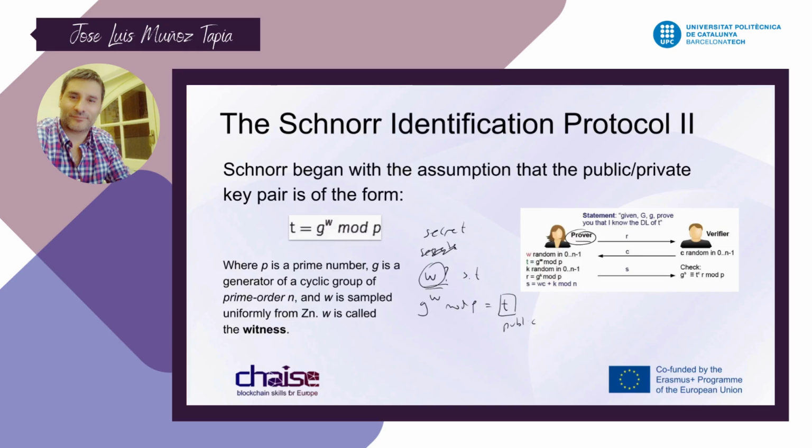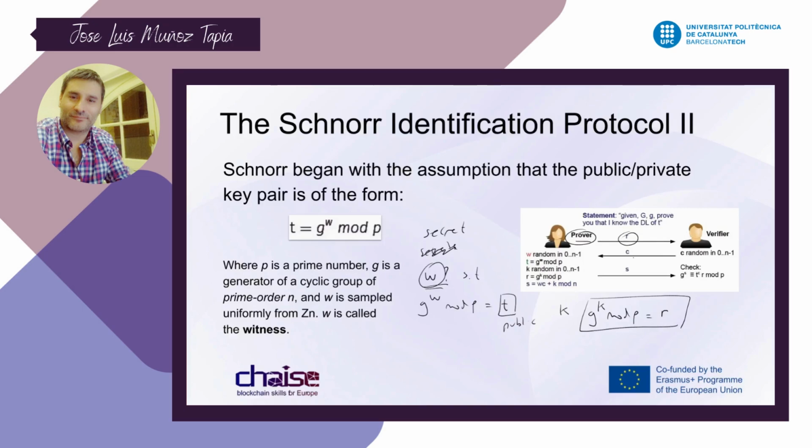Well, the protocol goes like that. The prover generates a random number K. Then it blinds this K by taking G to the K modulo P, and we're going to call this R. And then it sends this value R to the verifier.